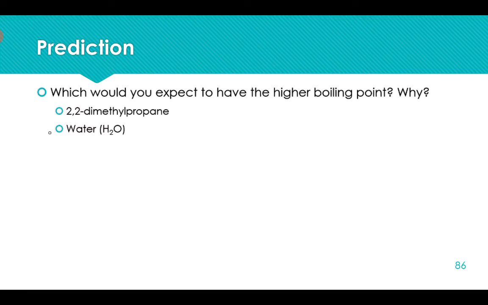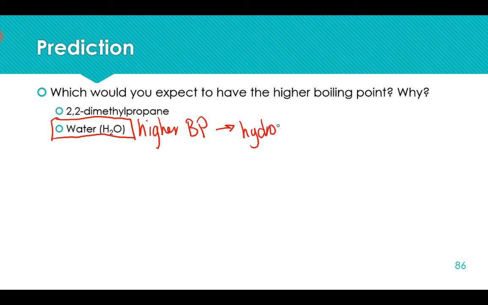Okay, water will have the higher boiling point. Water is going to have the higher boiling point because it is capable of hydrogen bonding. 2,2-dimethylpropane looks like this. 1, 2, 3, 2,2-dimethyl.